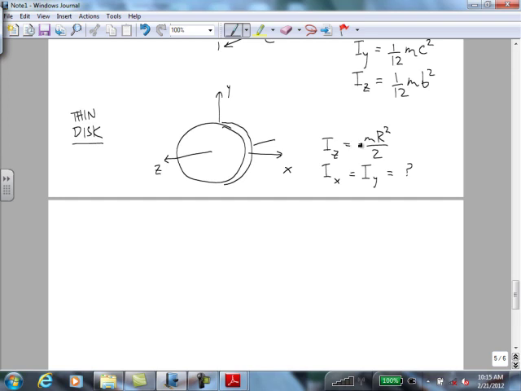Okay, so using the sum formula, you can build up complicated shapes from these simple shapes.